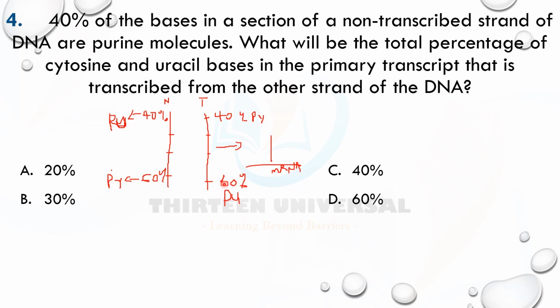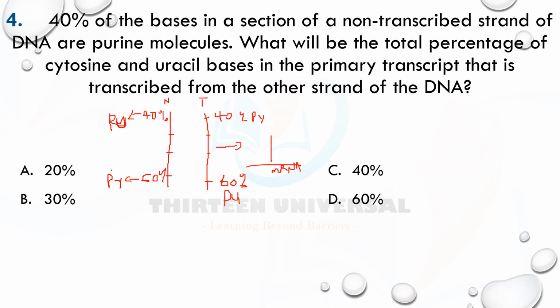So 60% purine here will give us 60% pyrimidines, because cytosine and uracil are pyrimidines. During transcription, remember that the RNA nucleotide bases pair up with the bases on the template strand. So 60% purine here will give me 60% pyrimidine.